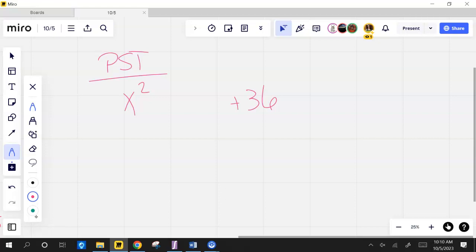Close. Square, square, multiply, and double. What goes in the middle? 12x, right? This could be a plus or minus, it doesn't matter. But that first sign will tell us what the sign inside the factor is going to be. So how would this factor?